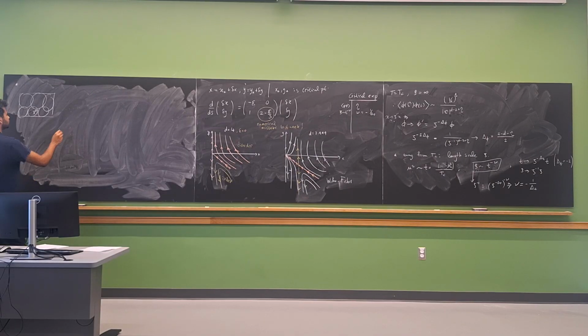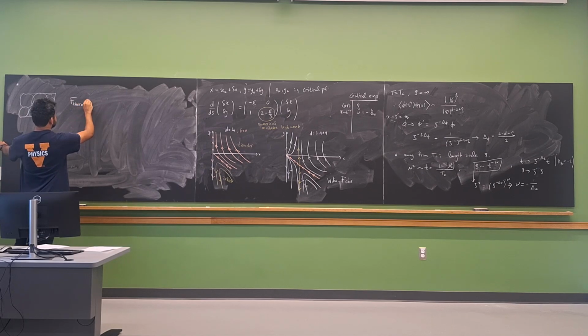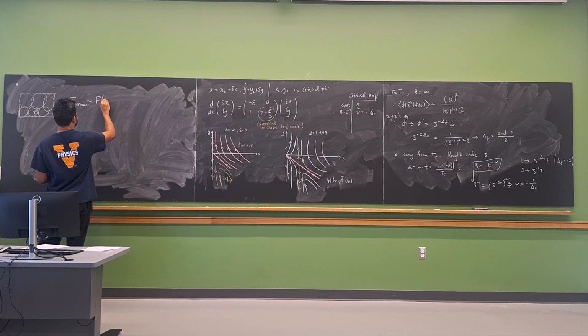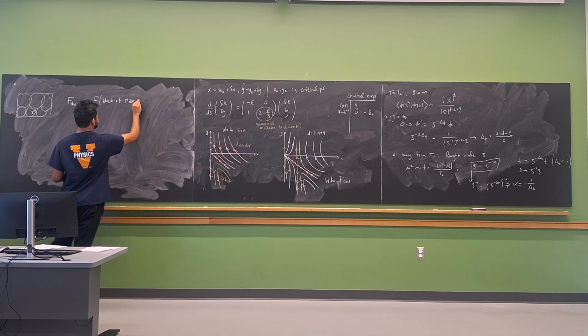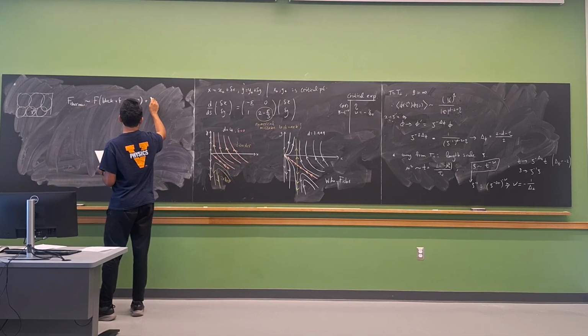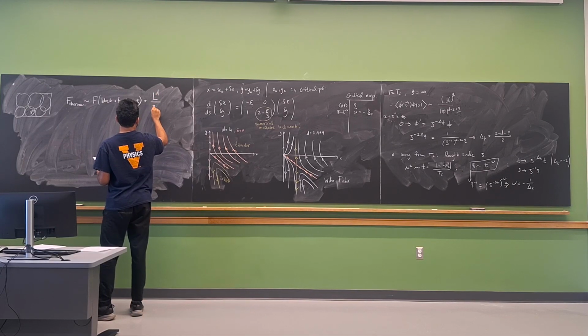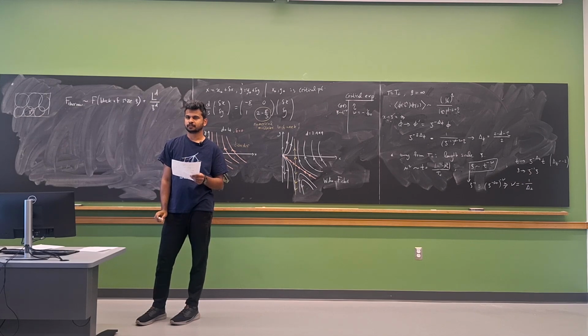So overall, the thermodynamic free energy could be approximated. We don't need the detailed answer, we just need the scaling. So we find the thermodynamic energy for a block of size c times the number of blocks, which is total volume divided by volume of a block, right?